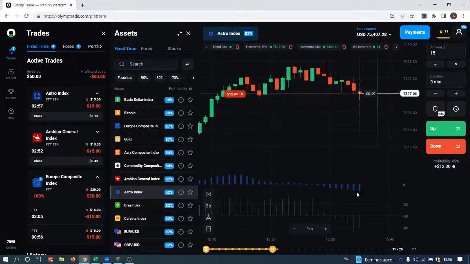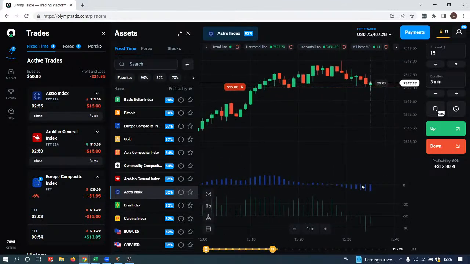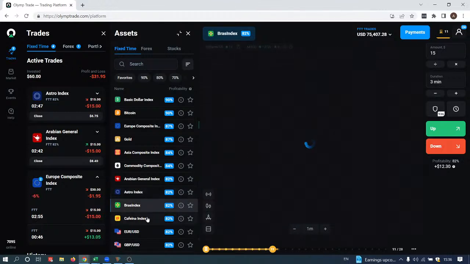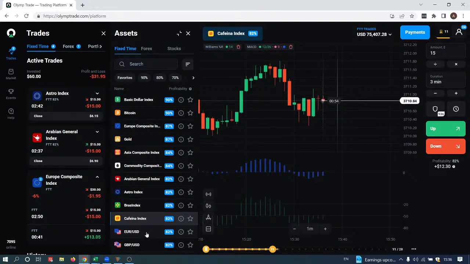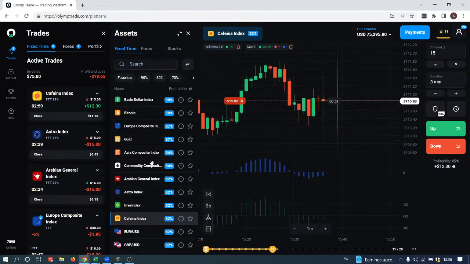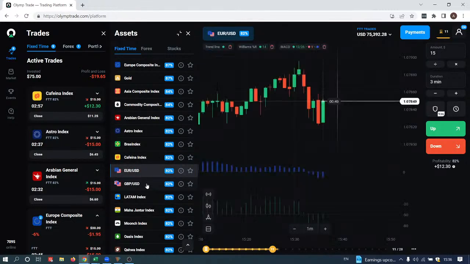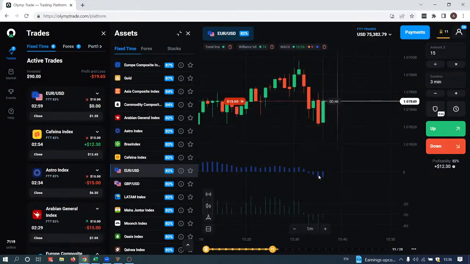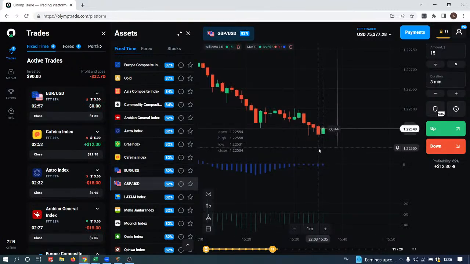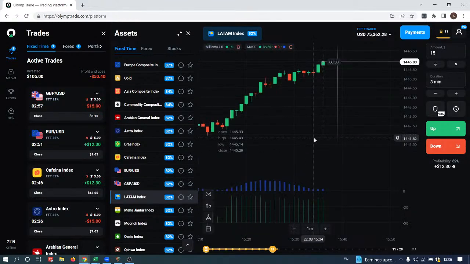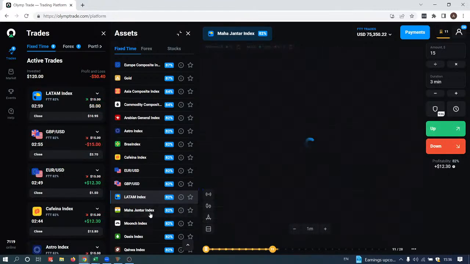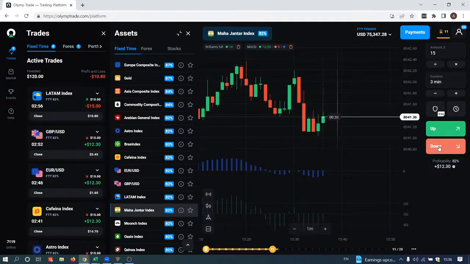So once again, both indicators point downwards, and caffeine index downwards, Euro USD downwards, and something else. Okay, so let's try GBP USD, the pound, the cable, LATAM index upwards, and Mahajantar downwards.